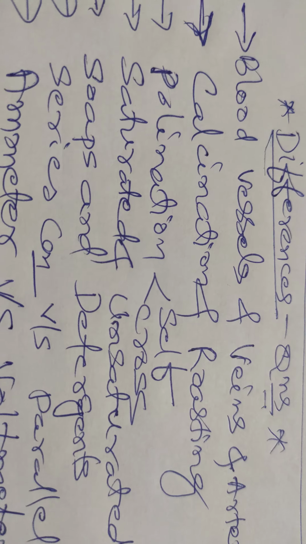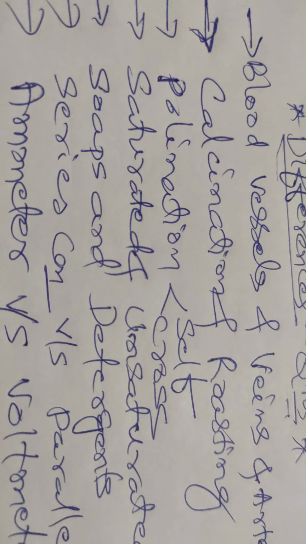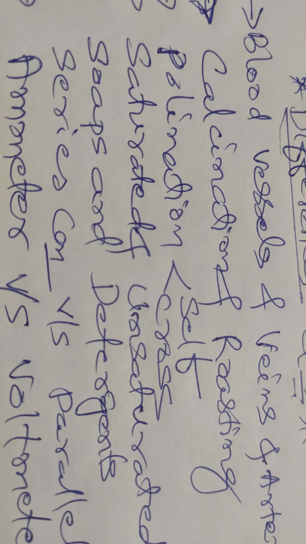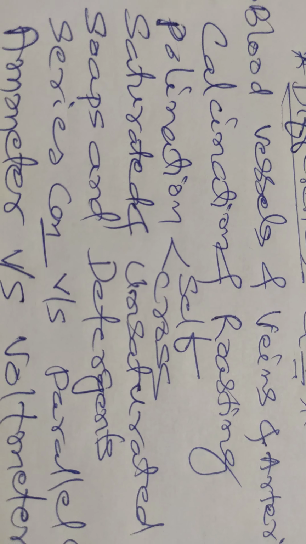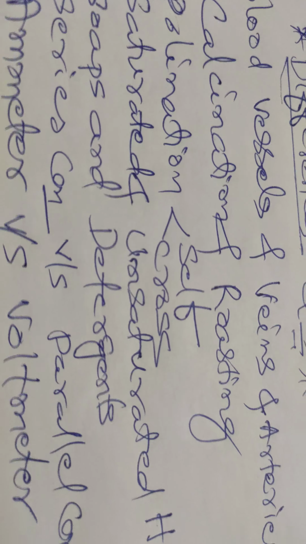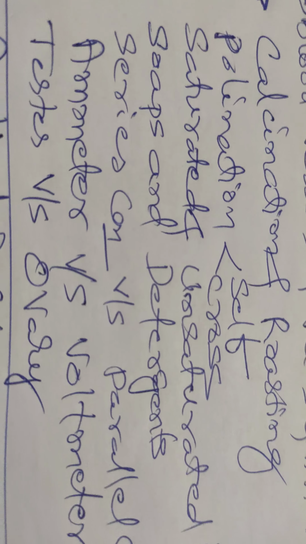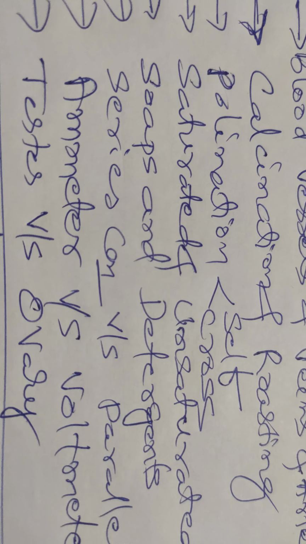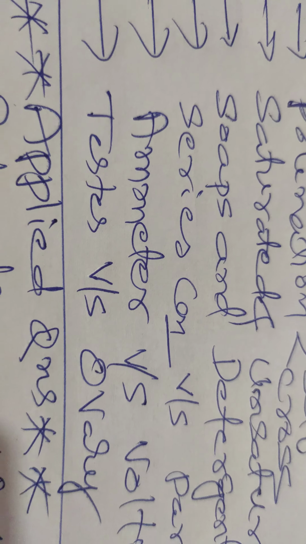Definitely figure or differences. Very important: ammeter versus voltmeter. Ammeter is always connected in series, voltmeter is connected in parallel. Testis and ovary, they will ask questions on testis and ovary.